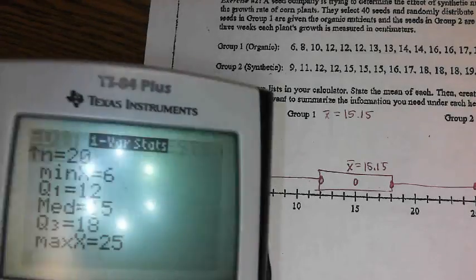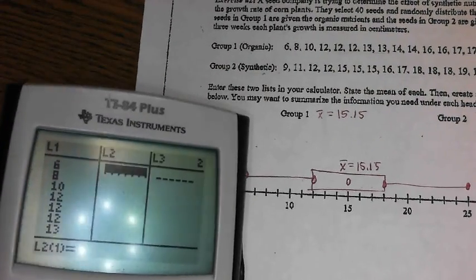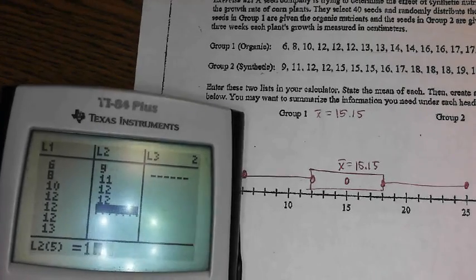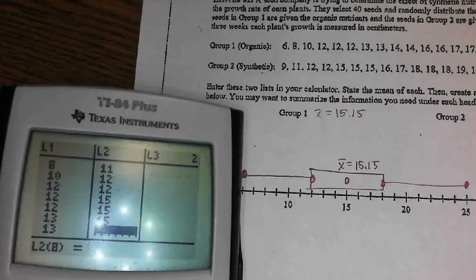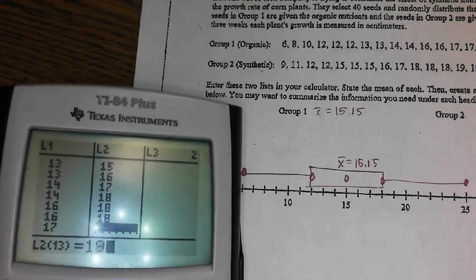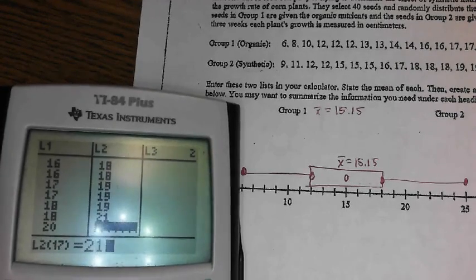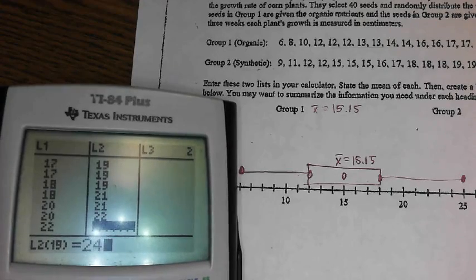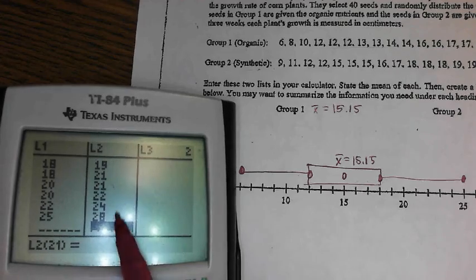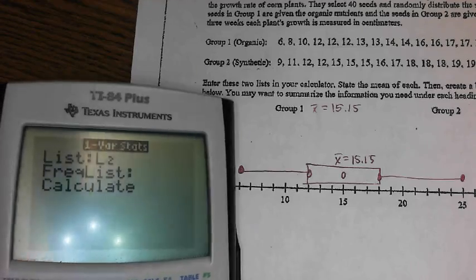And then enter, I'm going to keep the list on, I'm just going to do L2 for my second and enter all those. So stat, calc, one variable statistics, but now I'm doing list 2.